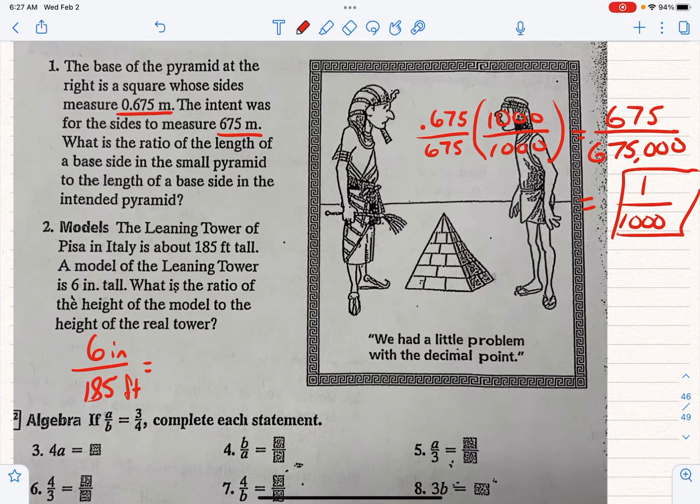Honestly, 185 times 12 starts to get to be a pretty big number. I think it's easier to convert 6 inches to feet and say that's 0.5 feet to 185 feet. And again, we don't want to have decimals in fractions, so we just multiply the top and bottom by 2. And that gives me 1 over 185 times 2, which is 370. So it's 1 to 370.